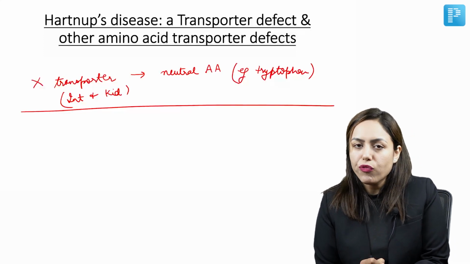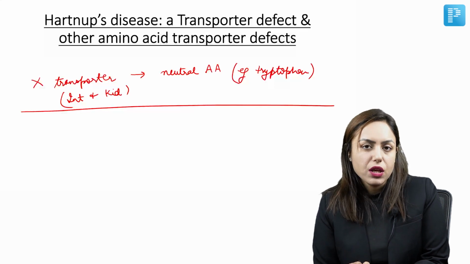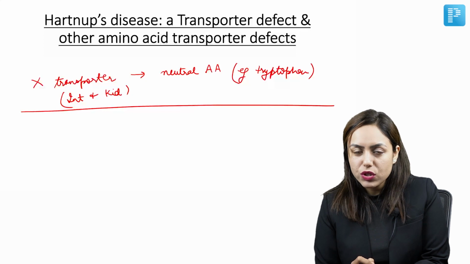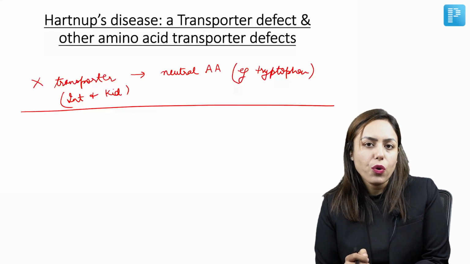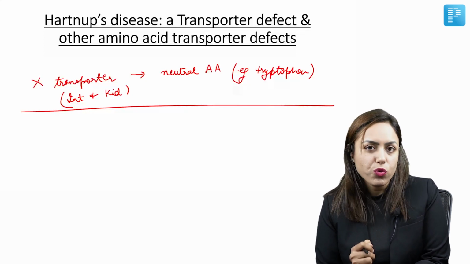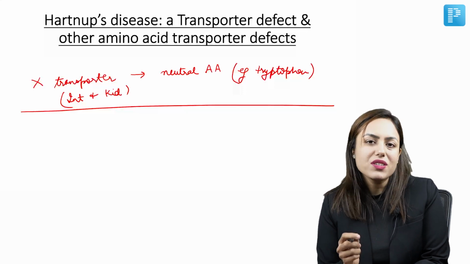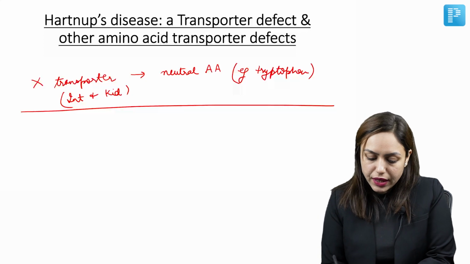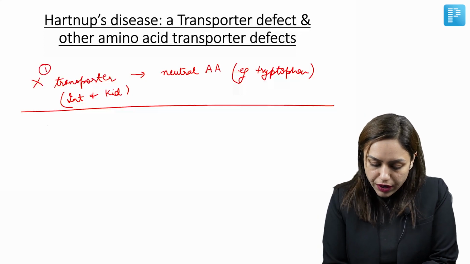That's why tryptophan is coming in urine. So we say that tryptophan is coming in urine, that is amino aciduria, without a corresponding rise in serum tryptophan levels, because reabsorption is not happening from kidneys. So this is one transporter defect.